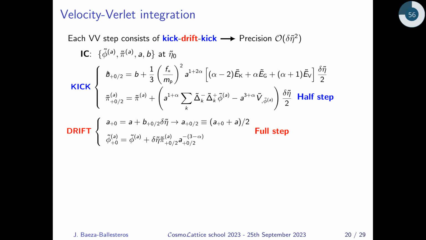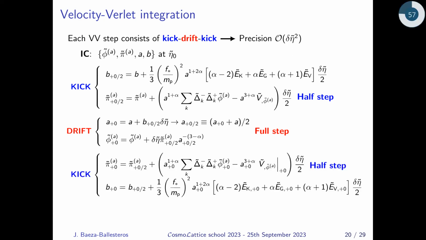Then we use these results to solve the drift. This is to evolve the scale factor and the scalar field. And in this case, we do a full step, so we get the results a full step later. And finally, we use these evolved results to again evolve the conjugate momentum and the derivative of the scale factor and obtain them at the final time at which we want to get the results.